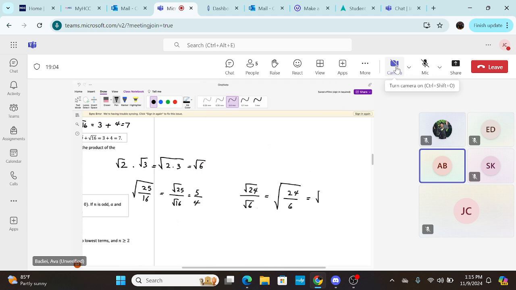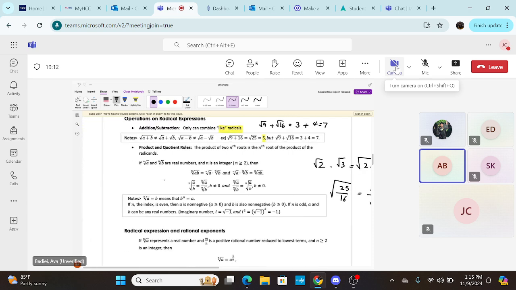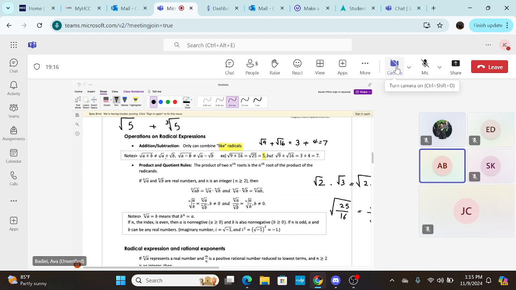This becomes the square root of 4. Square root of 4 is equal to 2. So as you can see with multiplication and division, we have more freedom on what we are going to do. With addition and subtraction, it's very strict. Make sure they are like radicals.